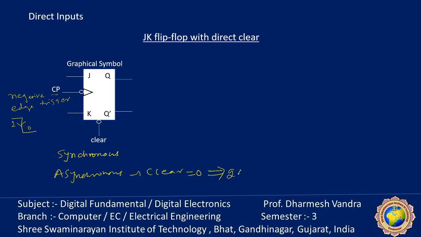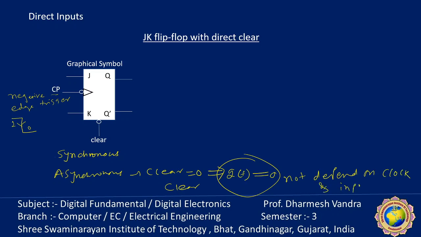Suddenly Q(t+1) equals 0. Clear does not depend on the clock pulse, clock and inputs. Okay, this is the second type.